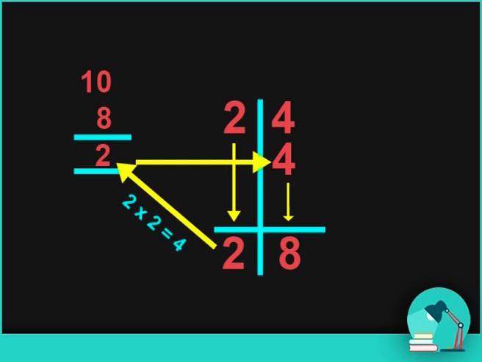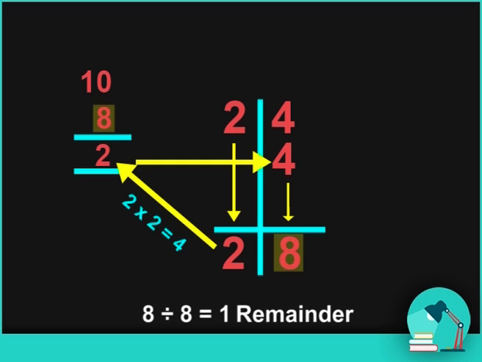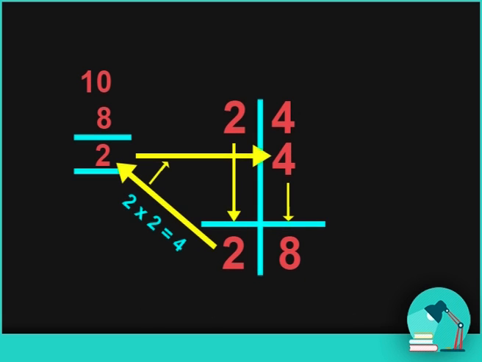But for this question, the answer is not complete here because the remainder 8 is exactly the same as the divisor 8. What should we do here? In these types of questions, where the remainder is the same as the divisor, we again divide the remainder by the divisor.